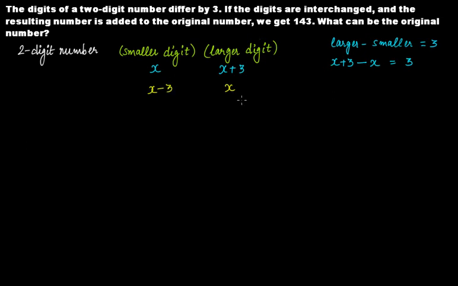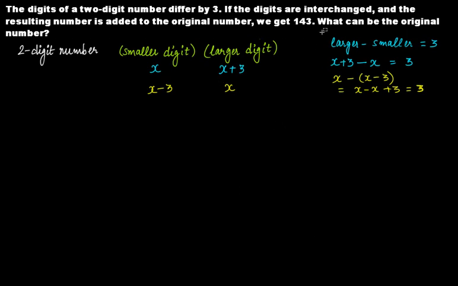And if you check it, larger, that is x, minus smaller, that is x minus 3, you get x minus x plus 3, which is equal to 3. So these two things are clear to us. If you take the smaller digit as x, your larger digit will be x plus 3. If you take the larger digit as x, your smaller digit will be x minus 3.